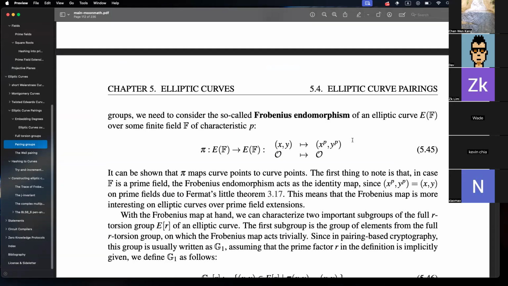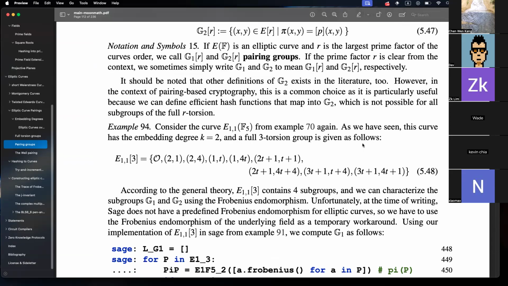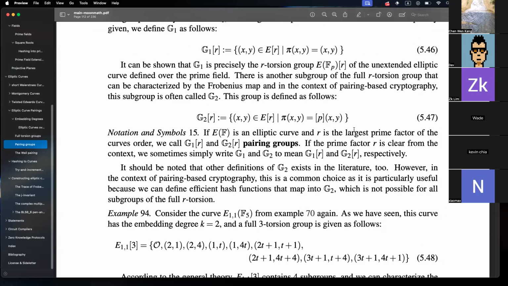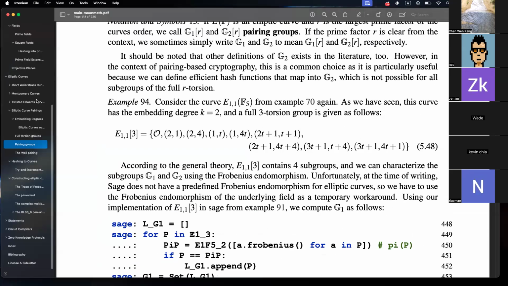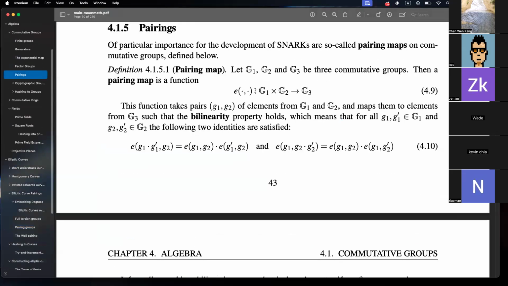Pairing groups, any questions on this? Here is essentially where G1 and G2 are talked about for pairings. Recall pairings, let me click back to pairings. I believe it's here. Yeah, recall we have this.